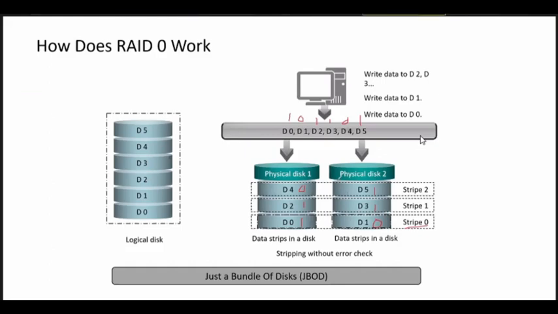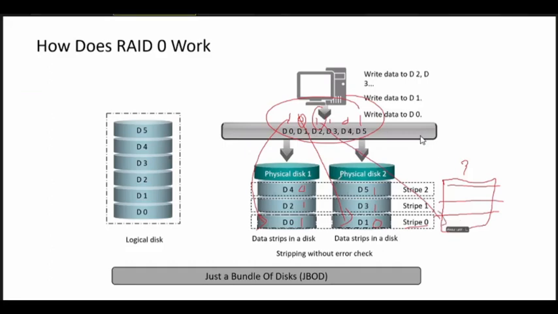What if I have another disk, this is 3? So this is still stripe 0, stripe 1, and stripe 2. For this data, we can write the 1 in this, the 0 in this, the 0 in this, like that? Yeah.